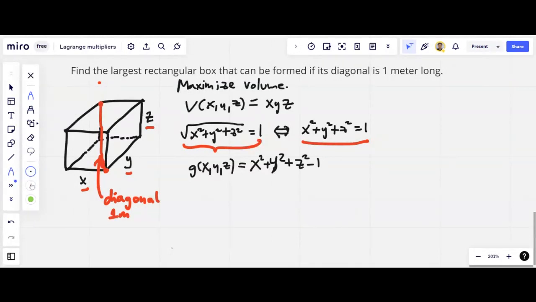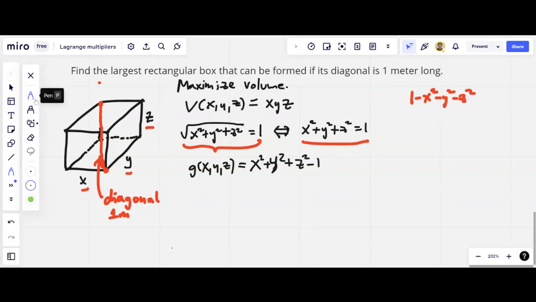And you might actually ask, can we also form the constraint function 1 minus x squared minus y squared minus z squared? And yes, this is also possible to be defined as our constraint function. And it will also give the same solution to the optimization problem.